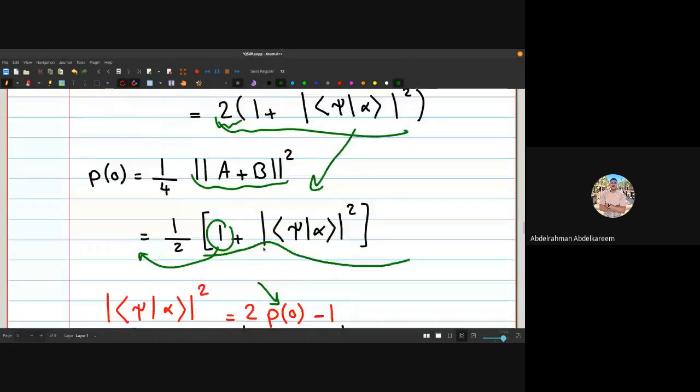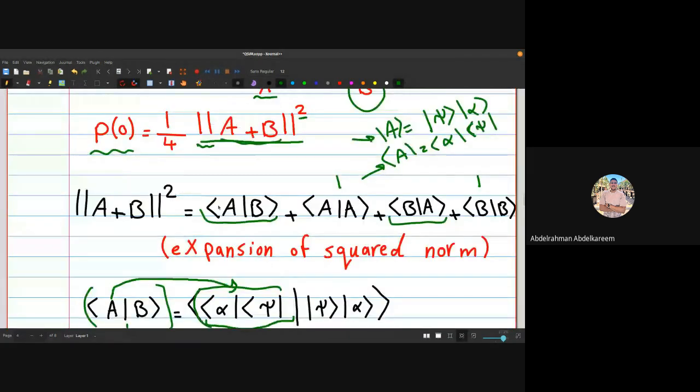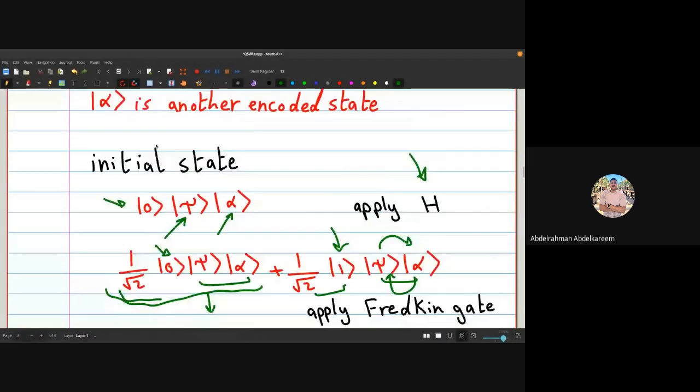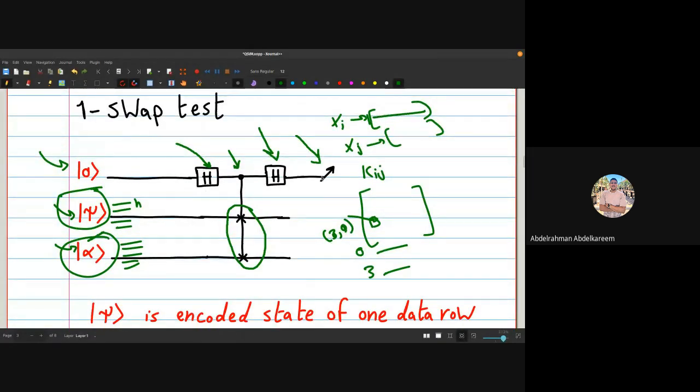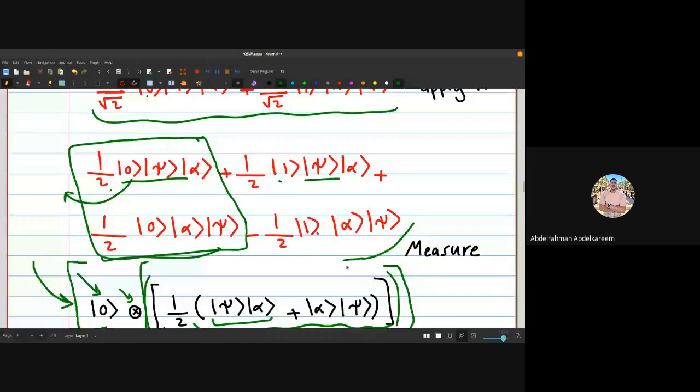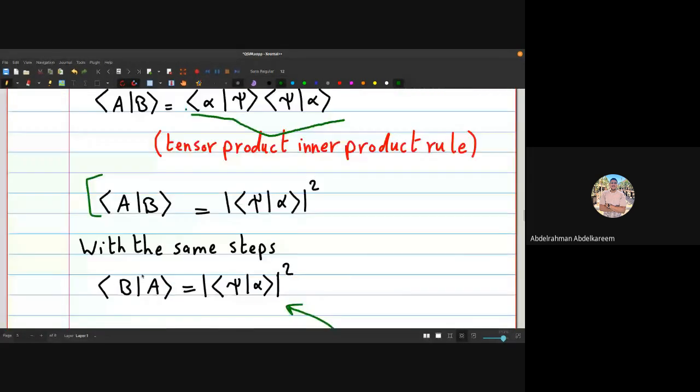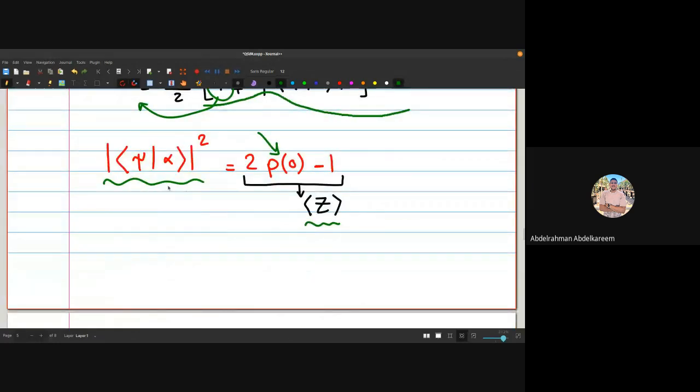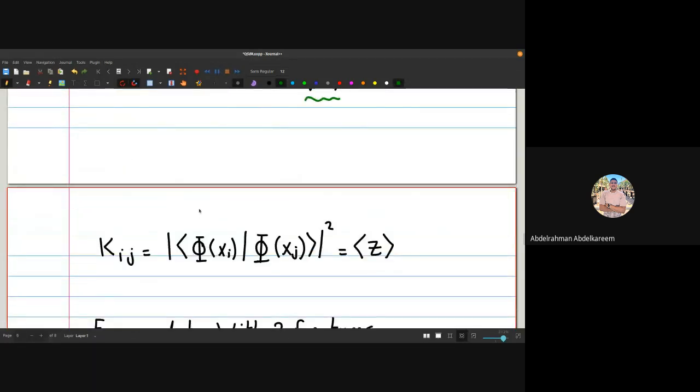So what we found here is that with this method, the swap test, when we input two encoded states, which are two data points, and we do all these steps and measure for a number of shots and calculate the expectation value, this is the inner product that we will input into the matrix itself.